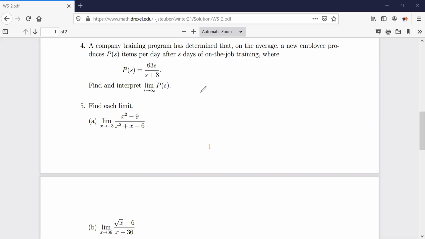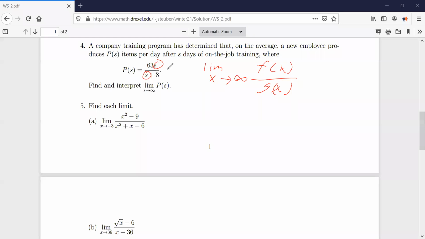When we have, let's say, f of x over g of x, the limit as x approaches infinity, we're really going to care about two things: how fast the top is growing or shrinking, and how fast the bottom is growing or shrinking. So assuming these are polynomials, I'm going to check what's the biggest power of the top and what's the biggest power of the bottom.